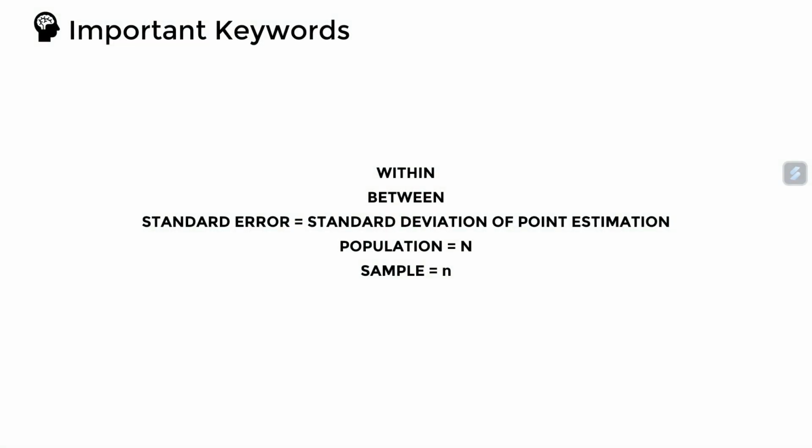So here are some of the important keywords to remember before solving business case problems. When the question or the case contains the word within, we will always solve the problem by taking into consideration the normal distribution diagram.